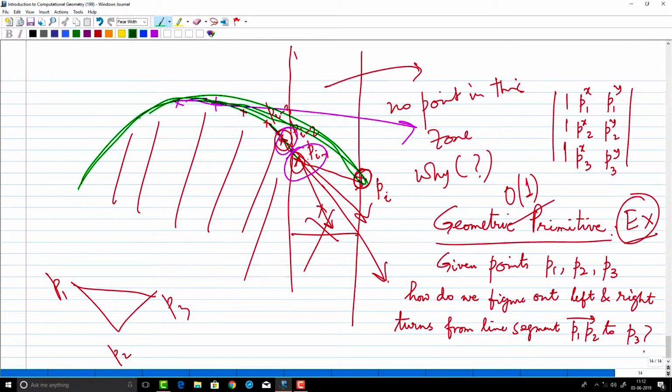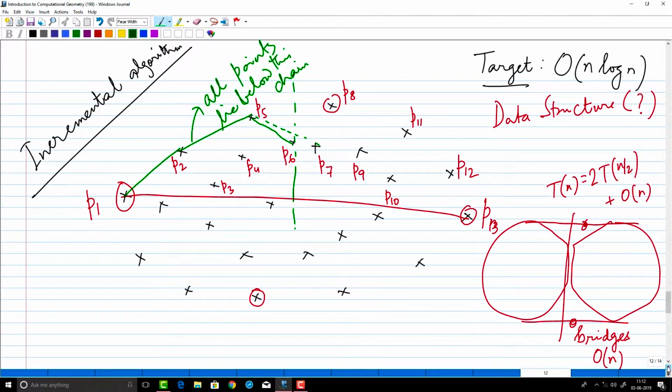Now, try to think of a data structure that would allow me to implement this going back. Good. So, the data structure is a stack.